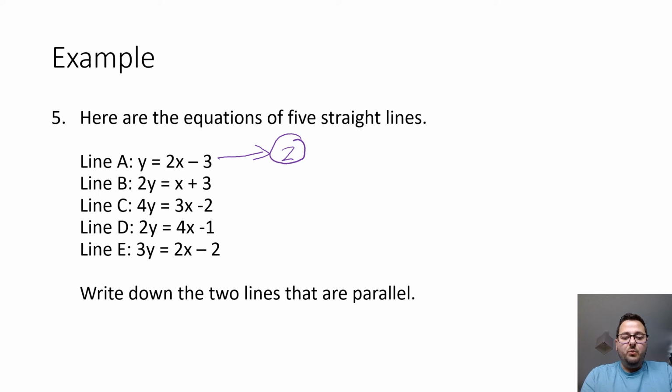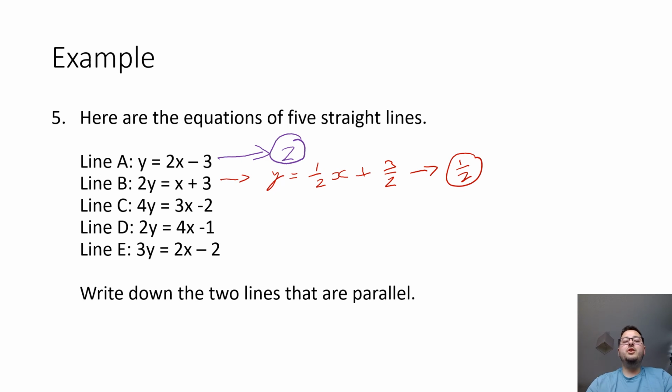If we look at the second one, we've got 2y equals x plus 3, so we want to divide everything by 2. So we're going to end up with y equals half of x plus 3 over 2. So the gradient of this is whatever's in front of x, which is half. Okay, so remember we're looking for two lines that are parallel, so we want two lines that match the gradient.